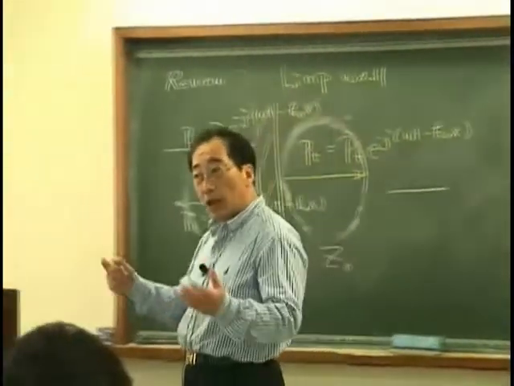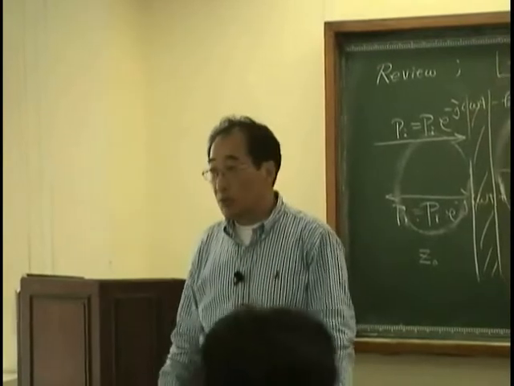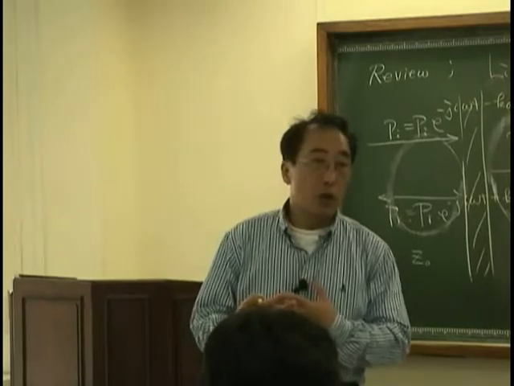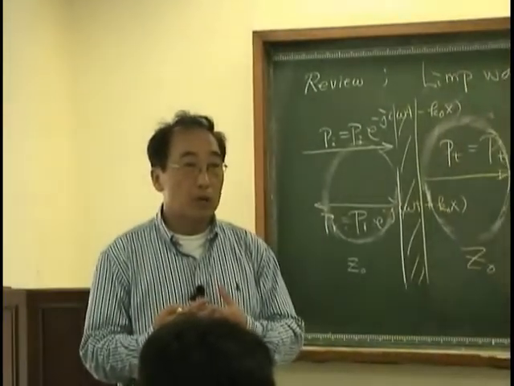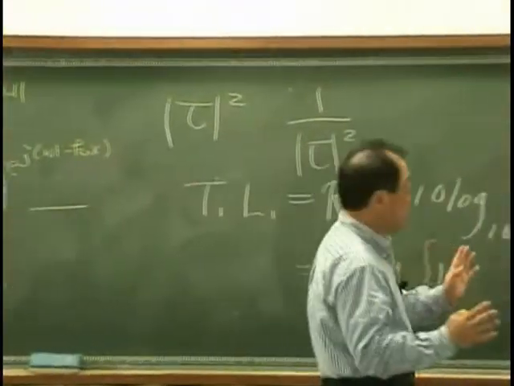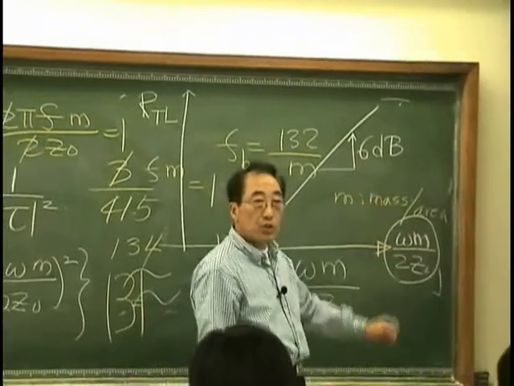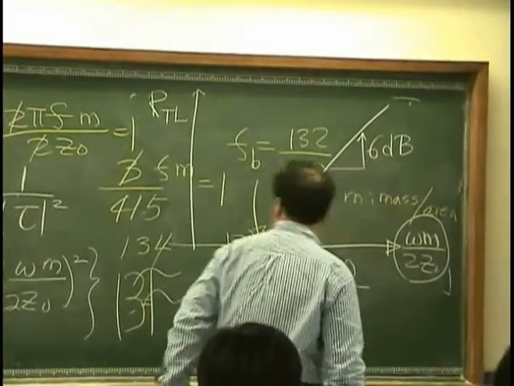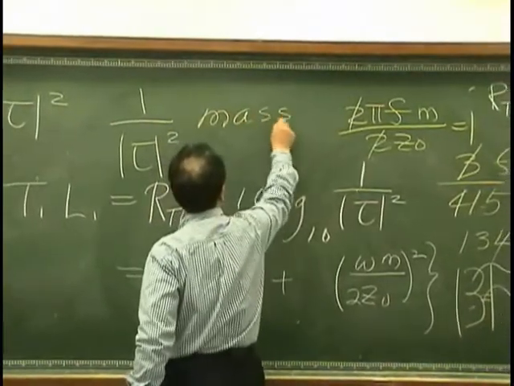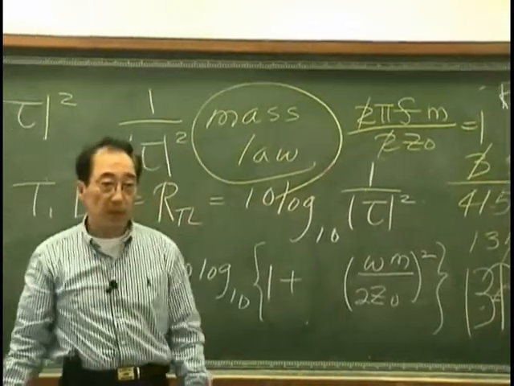If I want to reduce the sound by 6 dB more, then what can I do? I double the thickness of the wall, because that makes m to be 2m, and that increases transmission loss by 6 dB, and this is called Mass law.